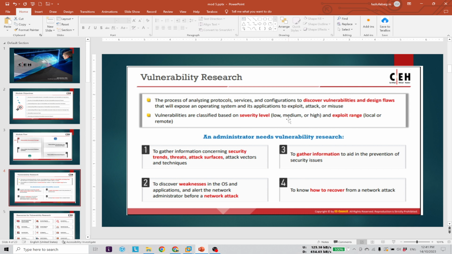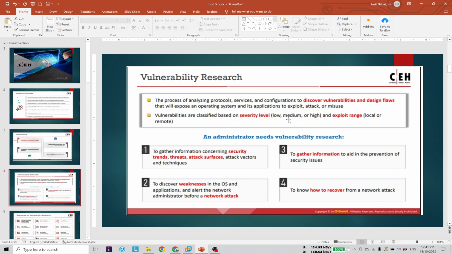Okay, so let's see what is next. An administrator needs vulnerability research. Why do we need vulnerability research? Here it shows why it is important to us: to gather information concerning security trends, threats, attack surfaces, attack vectors, and techniques.